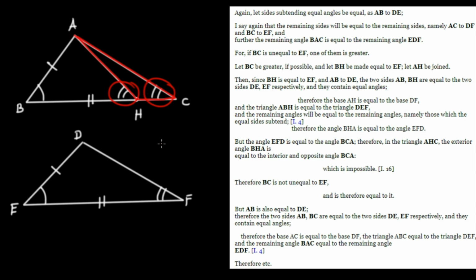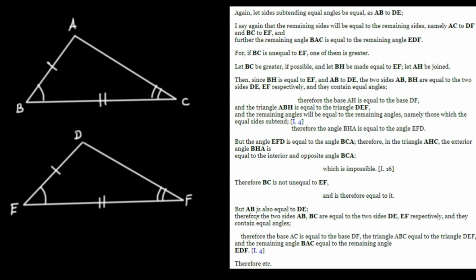Therefore, the supposition that generated this absurdity, namely BC being unequal to EF, is going to be false. Hence, he says, therefore, BC is not unequal to EF and is therefore equal to it. Here's what we've learned from that little argument. We've learned that BC is equal to EF.